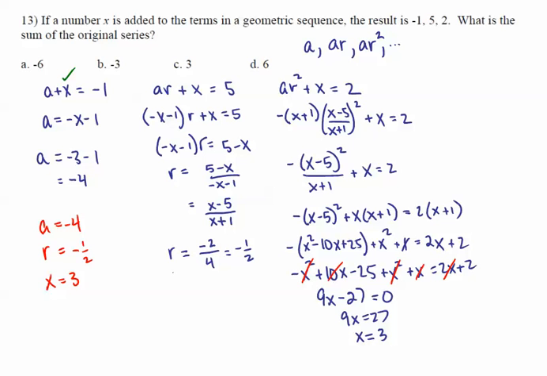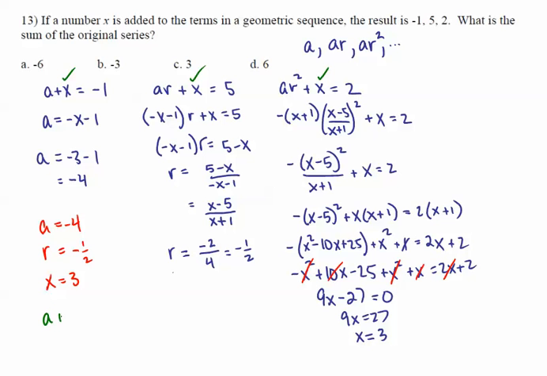Multiplying them gives me positive 2, and 2 plus 3 equals 5, and that checks. In the third equation, a is negative 4, r squared would be positive 1/4. So negative 4 times positive 1/4 is negative 1. Negative 1 plus 3 equals positive 2. So that checks.